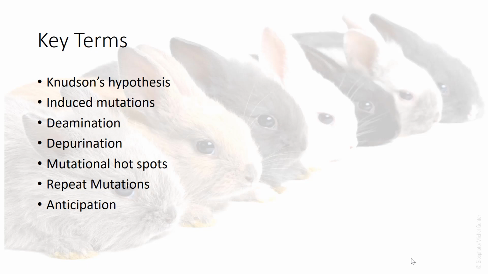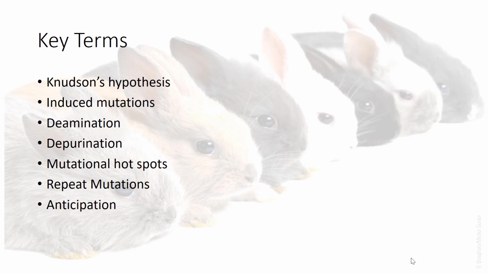Now, anticipation is the phenomenon that many inherited genetic illnesses appear at a younger age and increase in intensity each generation. And oftentimes these are genetic illnesses that are caused by repeat mutations.